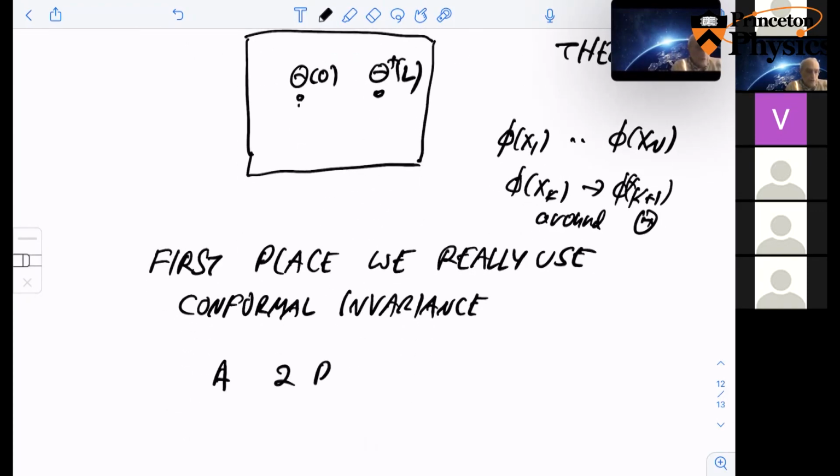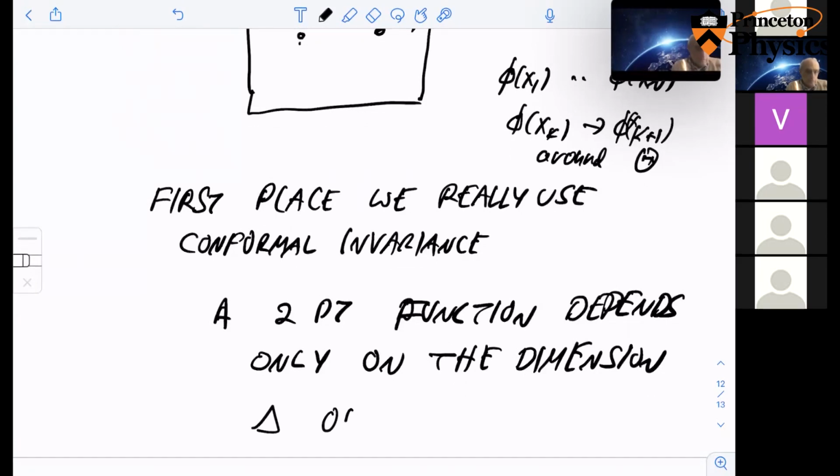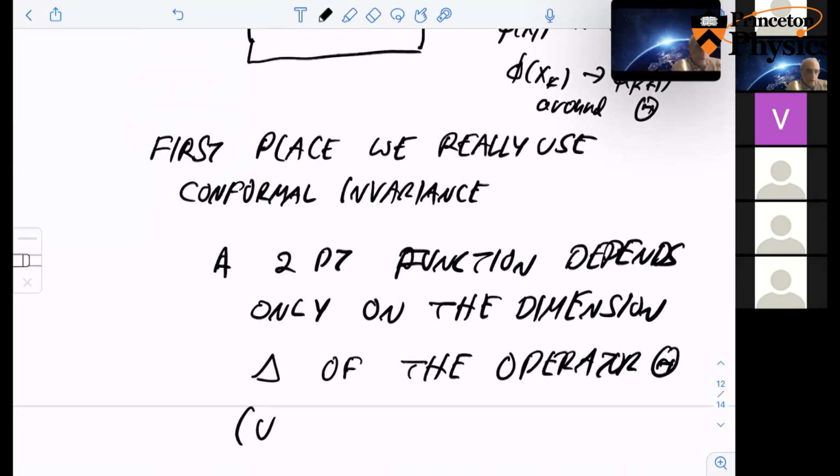A 2-point function depends only on the dimension delta of the operator theta, up to a multiplicative constant.